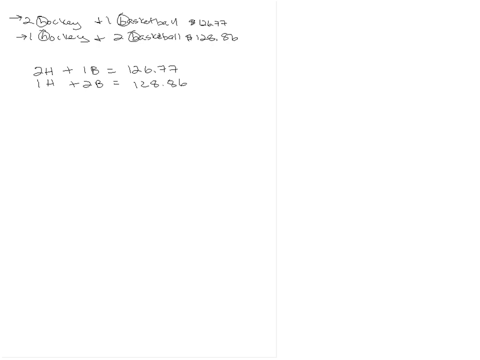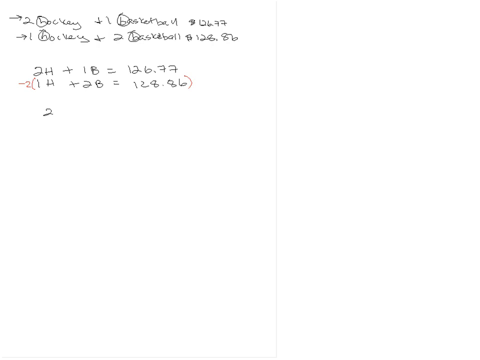All right, this is not set up for substitution, so we can go ahead and do elimination. What would I need to do to eliminate? Let's look at the H's. That's a 2. If I multiply everything here by -2, I'd get a -2H, and they would cancel out. So that's what we're going to do.